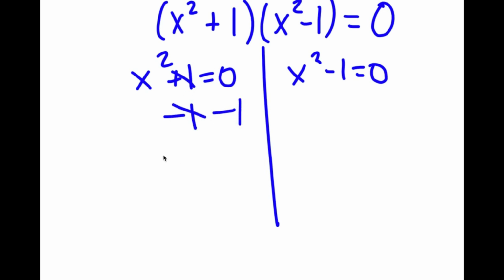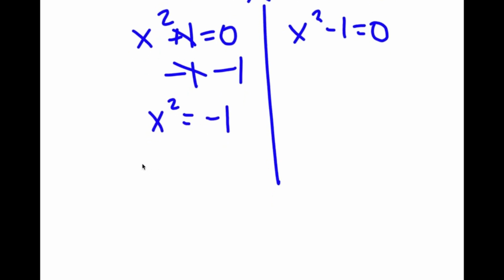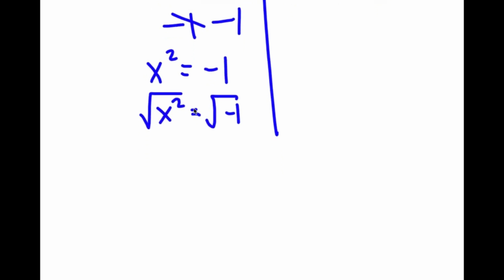So these two cancel out, and I get x squared is equal to negative 1. Now if I take the square root on both sides, the square root of x squared is x, and the square root of negative 1, if you guys already know, is i. So I have positive or negative i.